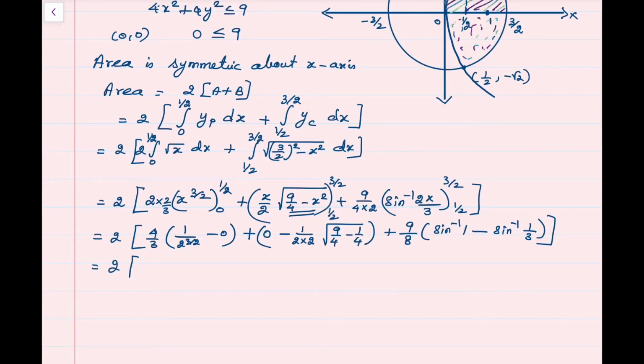2 times 4 divided by 3, this is square root of 2 the whole cube, which is 2 root 2, minus 1 by 4 times 9 by 4 minus 1 by 4 is 8 by 4, which is root 2, plus 9 by 8 times pi by 2 minus sine inverse of 1 by 3.